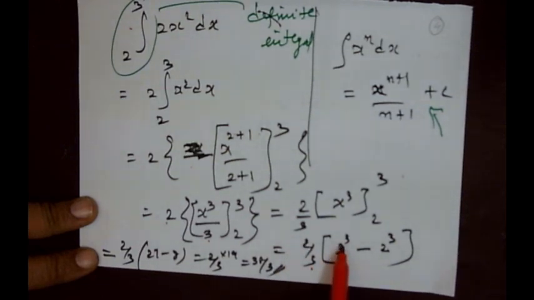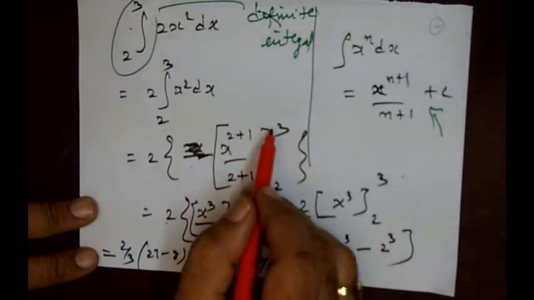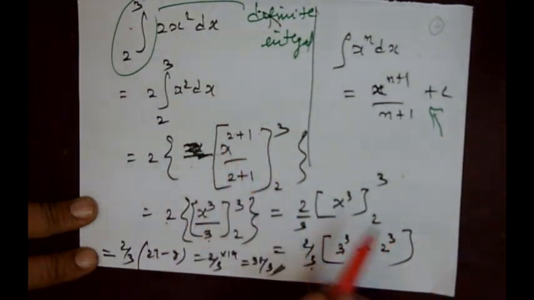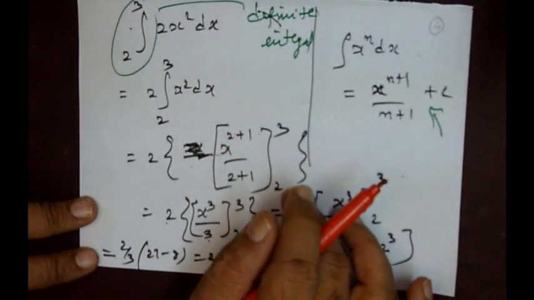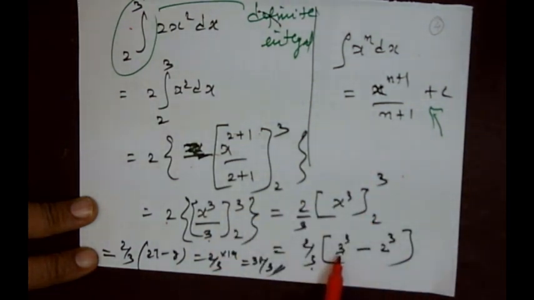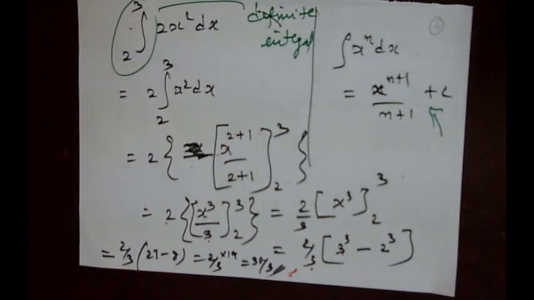Now we are left with 3 cube minus 2 cube, because we have substituted the final and initial values in place of x. Then 3 3s are 9, 9 3s are 27. So 27 minus 8 becomes 19, into 2, 38 by 3 is the answer. Okay, right. Next one.